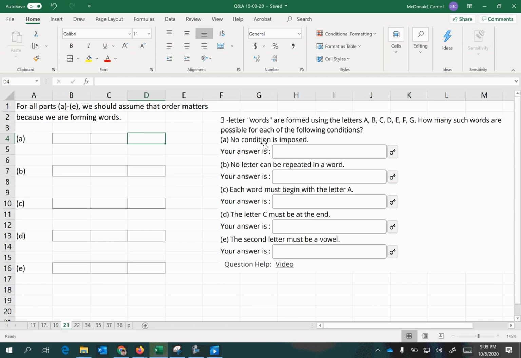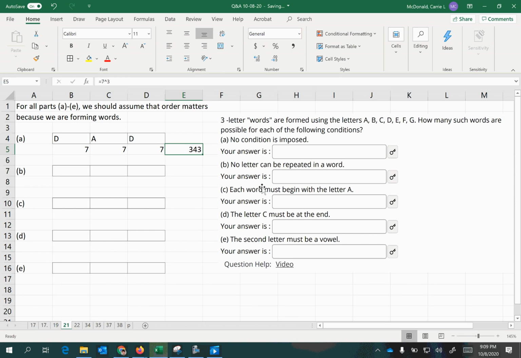For instance, if I wanted to form the word dad, I would be using the D more than once. So for every selection, I can choose from 7 possible letters, and 7 to the power of 3 gives 343.